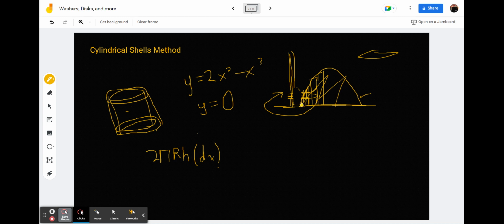And if we add up all these rectangles and spin them around, we'll get the volume. So the volume of each of these rectangles spun around is going to be 2 pi r, where r is the distance away from the axis, times their height, times their thickness.